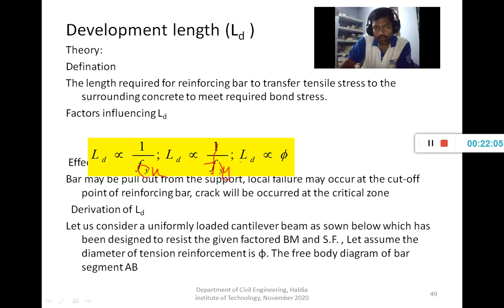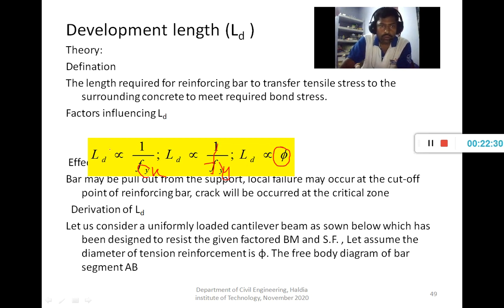Sorry, it is not 1 by fy; it is proportional to fy, so if the strength is more, then more development length is required. And if the diameter of the main bar is more, then more development length is required.